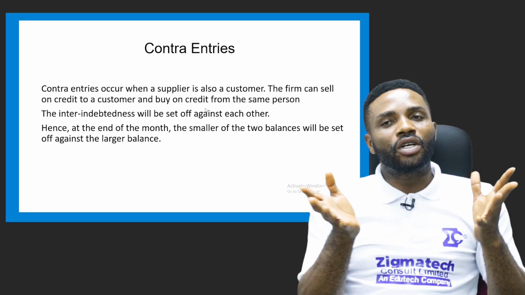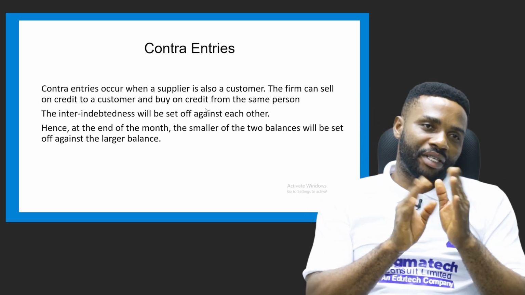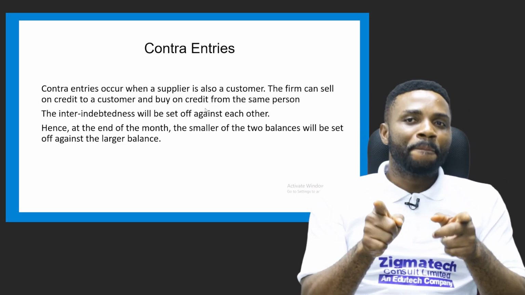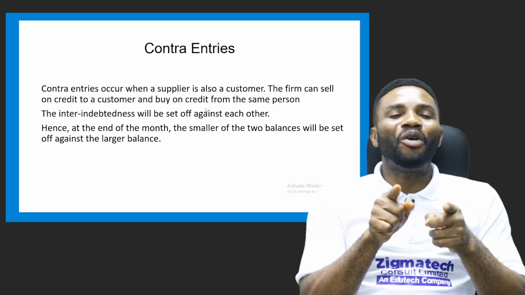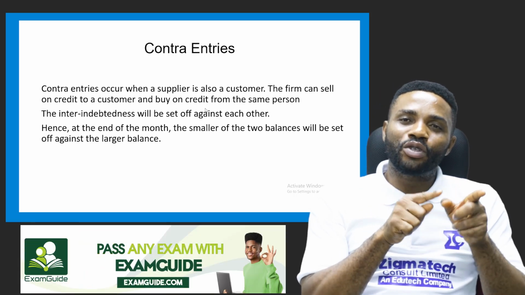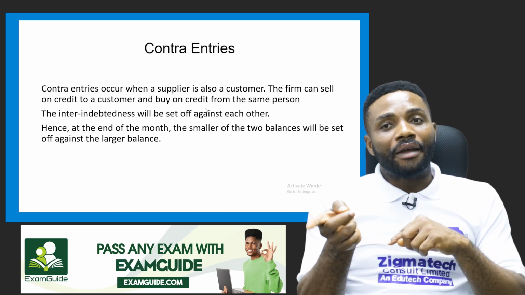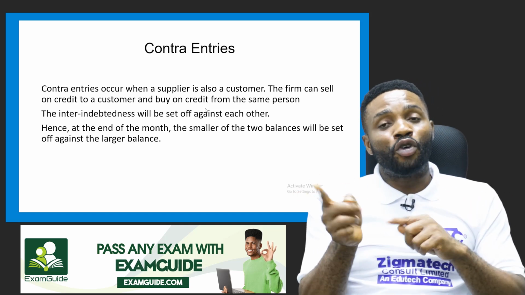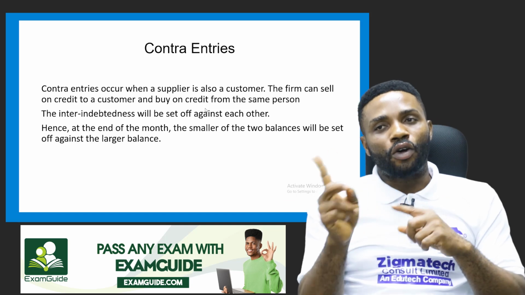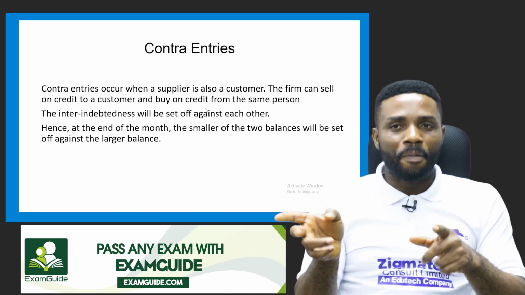And on the creditor's account, it will always be on the debit side. Let me take that again. Your set off will always be on the credit side of your debtor's account, while it will be on the debit side of the creditor's account.